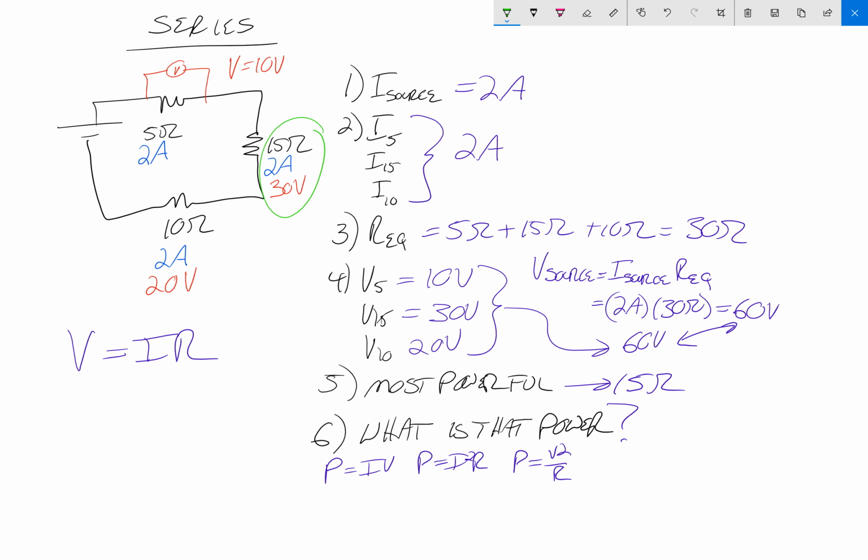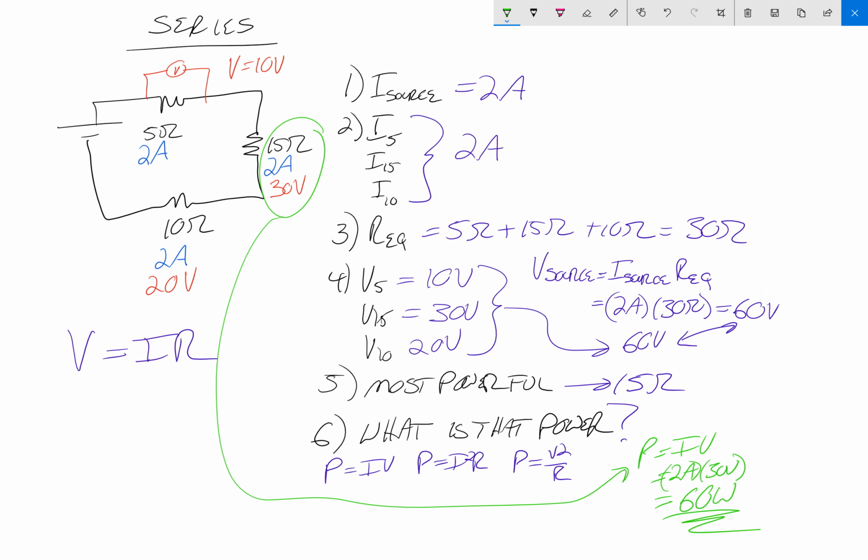So it's totally up to you what you want to use. I usually say use I squared R because current's the same everywhere in series, but you have current and voltage, so I would just do P equals IV, which is 2 amps times 30 volts, and you get, what do you get? 60 watts.